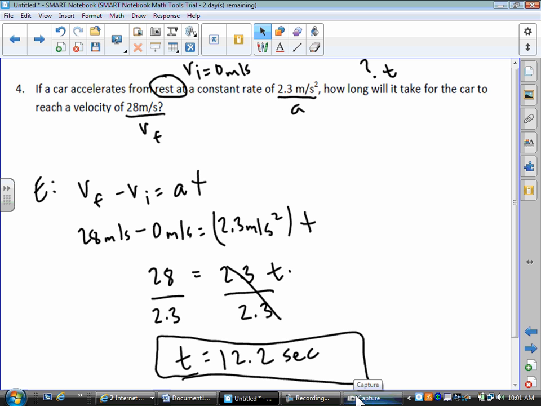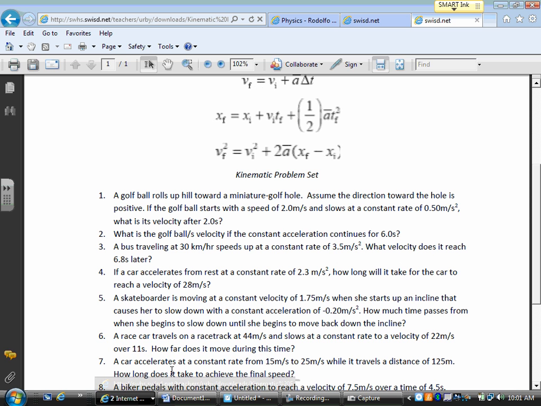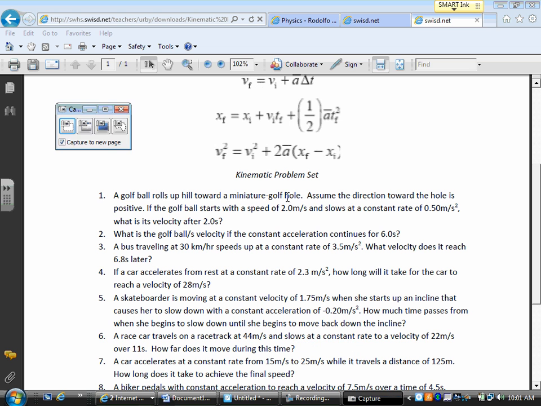It's just certain problems you can use different equations, but they're not all going to be like that. For most of them, there'll only be one equation where you can actually use all the numbers and get the right answer. For most of the equations, it'll be like missing 2 things that you need, so you can't use it. Okay. All right, so let's go ahead and look at number 5 here.